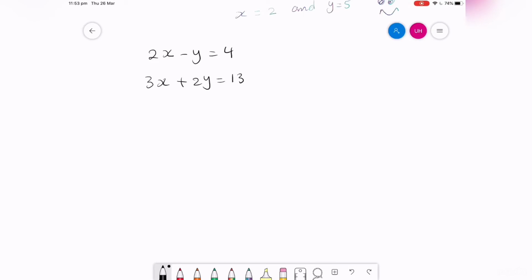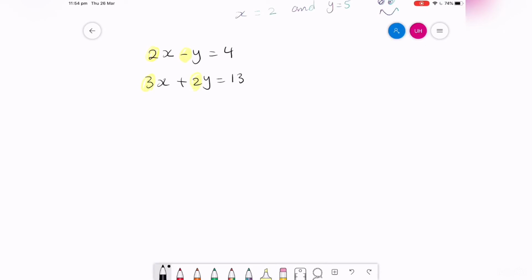To write them in matrix form, we look at the coefficients of x and y. The coefficients are 2 and -1, and 3 and 2.